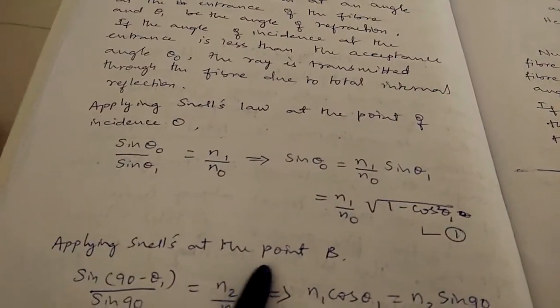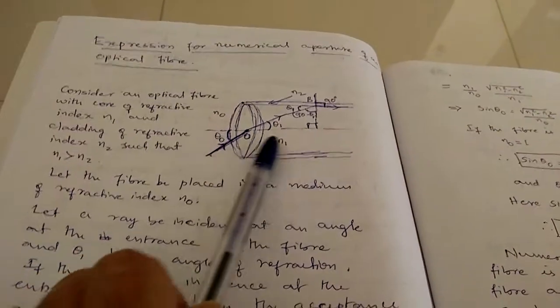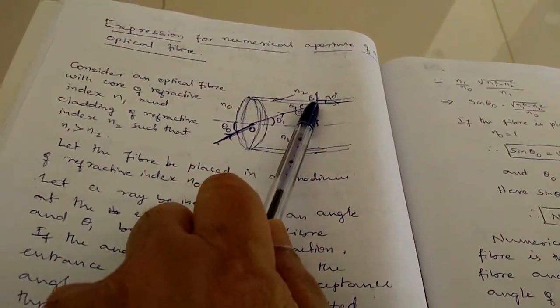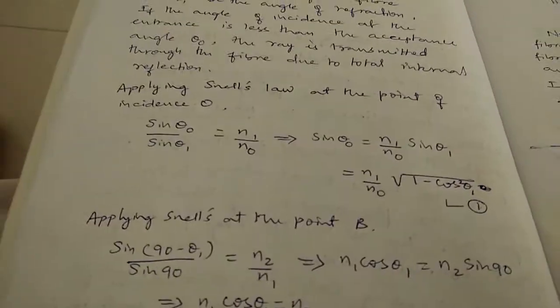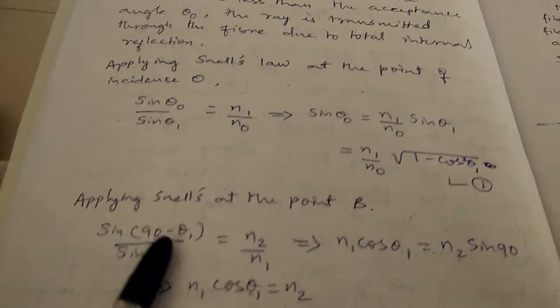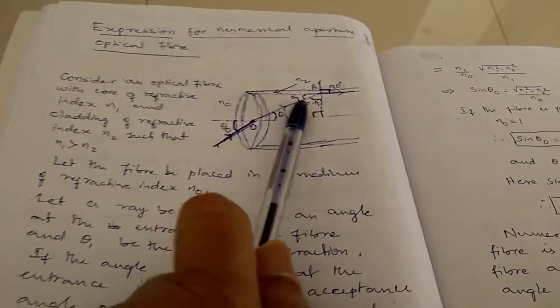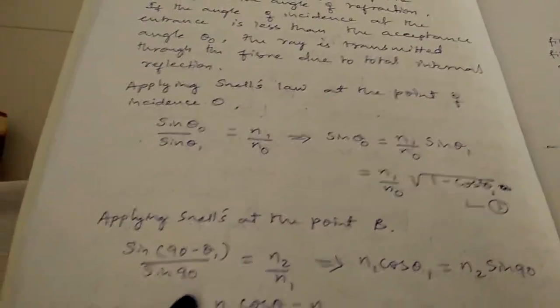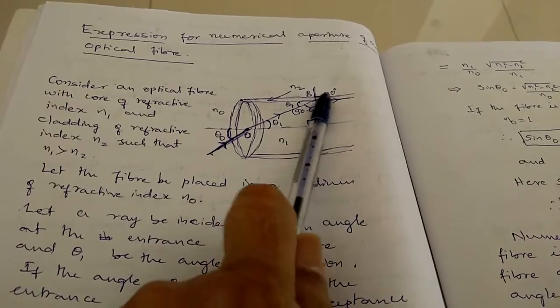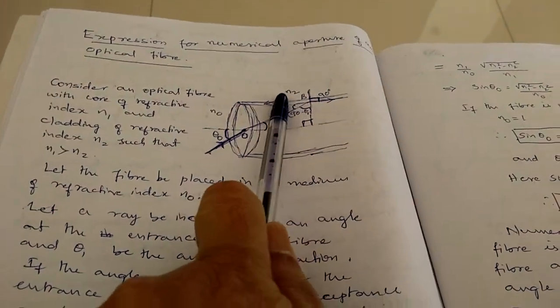Now apply Snell's law at the point B. Applying Snell's law at point B, we get sin of 90 minus theta 1, which is the angle of incidence here, divided by sin 90. What is the refractive index of cladding? That is n2, and this is n1 core.